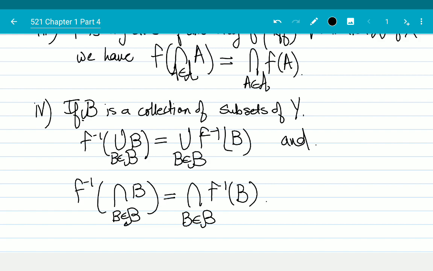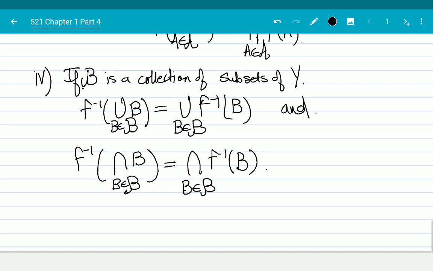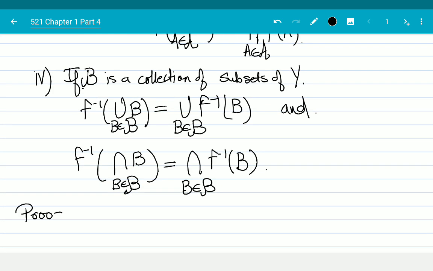Okay, I'm going to stop this review right here. These are the things that we'll need for now before we get back to real and complex numbers. Proof left as exercise.